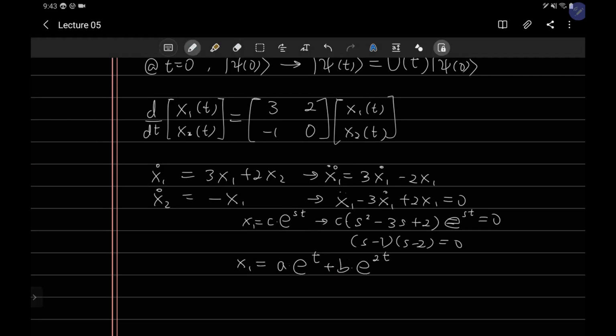And then to find the solution form of x2, we can just use this equation.